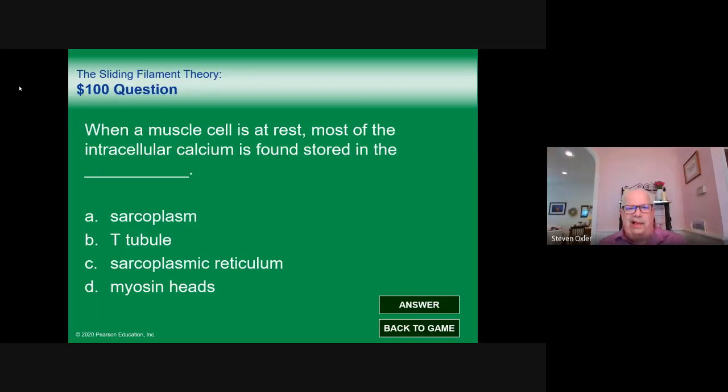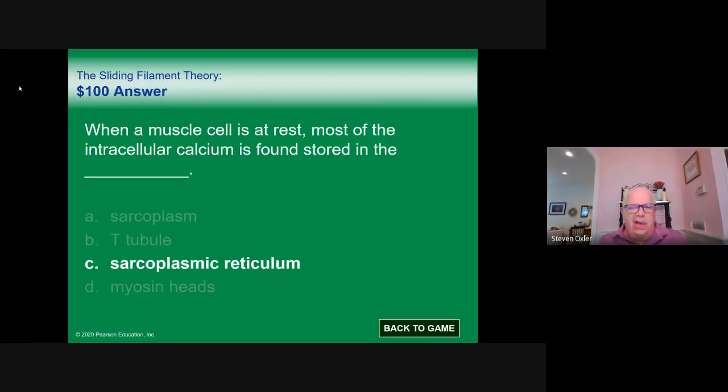When a muscle cell is at rest, most of the intracellular calcium is stored in the C. Where is calcium stored in the muscle? That's the question. Yes, you are correct. All right.